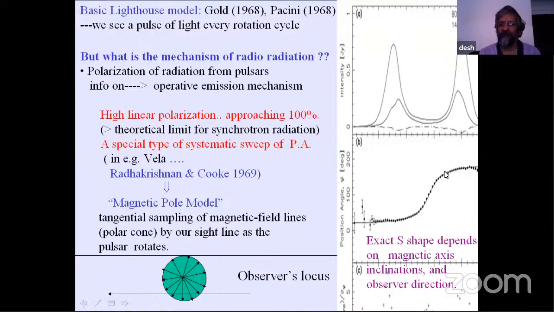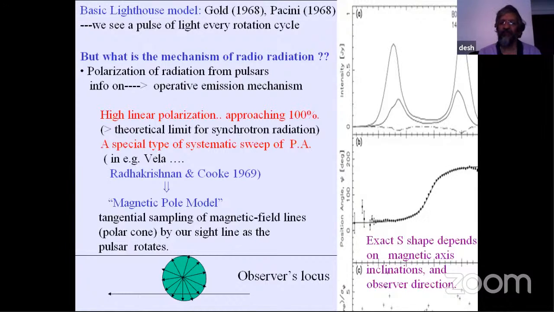Sometimes in a correlated way with the linear polarization position angle swing. Sometimes there may not be an apparent correlation. So the origin of the circular polarization is a very important aspect.